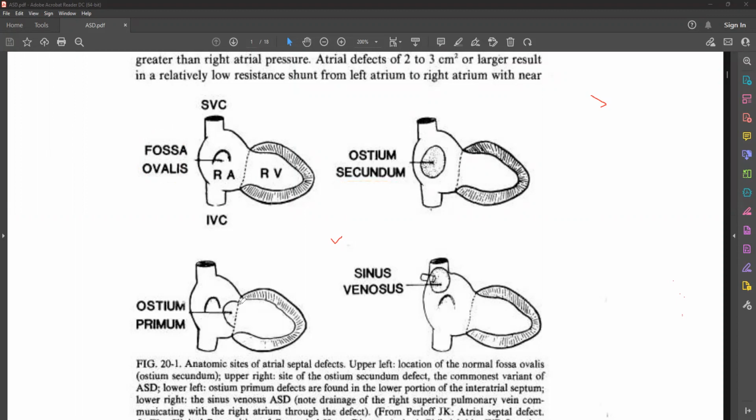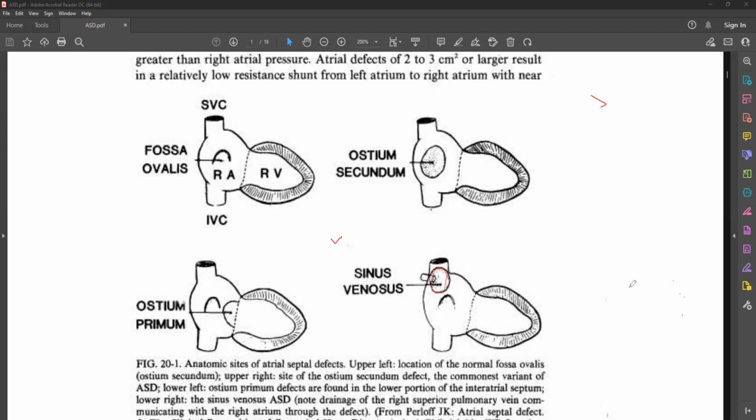Ostium primum is something which is close in the lower part. So here you have the fossa ovalis, that part is normal, but the lower part of the interatrial septum when it is defective it is called ostium primum. Quite often this is also associated with a valvular regurgitant lesion there because basically they come under the endocardial cushion. Sinus venosus is high up here, close to the entry of the superior vena cava.